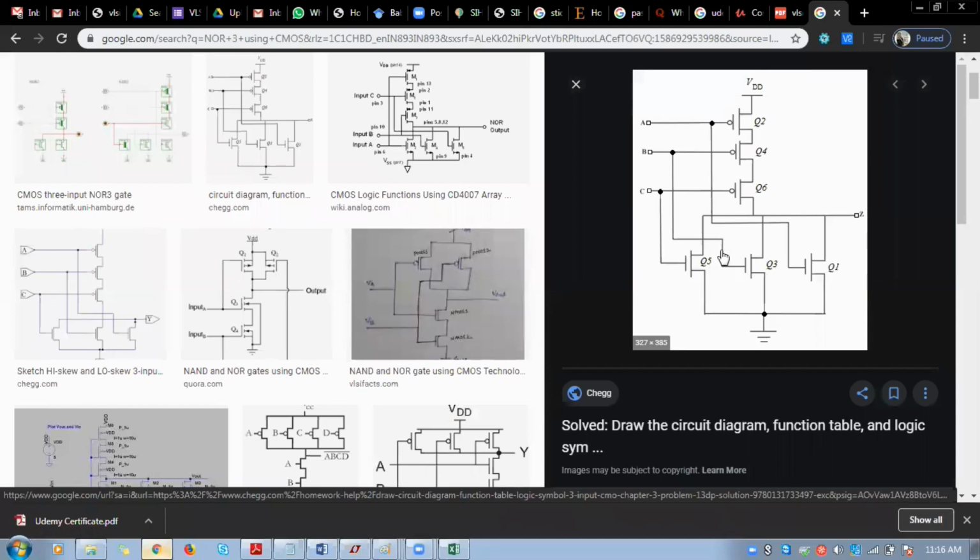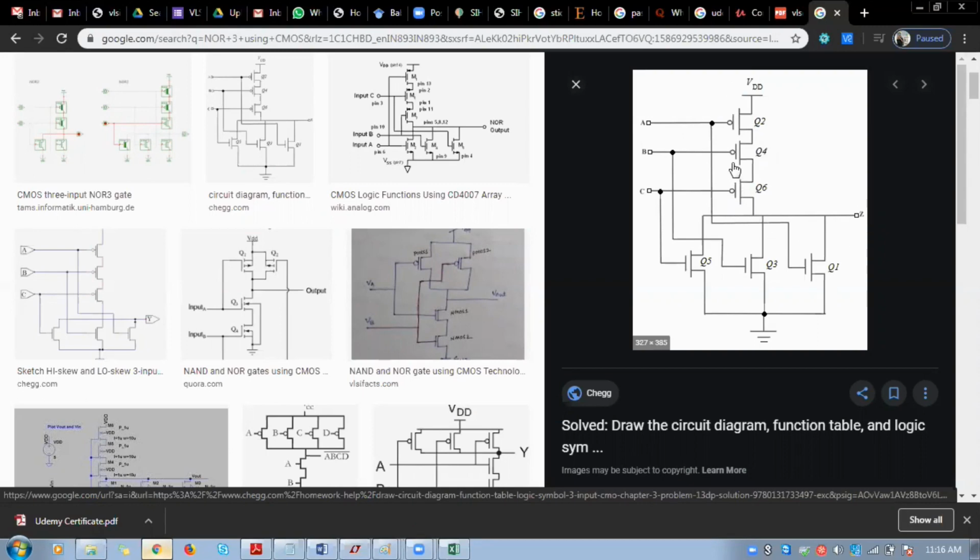All the NMOSs will get the K value as 1. And here you see you have 3 PMOSs connected in series, so you have 3 stages of PMOSs. The base K value of PMOS is 2, so 2 into number of stages. 3 stages are there. 2 into 3, 6. So each PMOS will get the K value as 6.